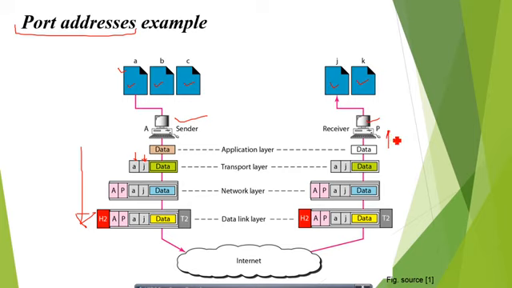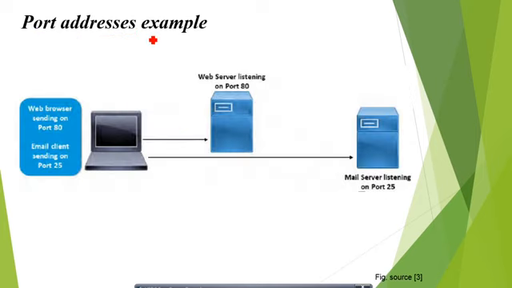Then this will reach the network layer, then the data link layer, and finally it will reach the other side. With this information it will reach the receiver side, and then these two processes which are running on different systems can communicate with each other with the help of this port number.